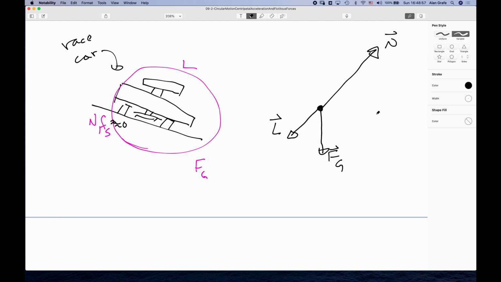So this is both why racetracks often have banking and also why race cars have wings on them. It's oddly enough to push the car into the road so that the road has to push up even harder to help turn it.